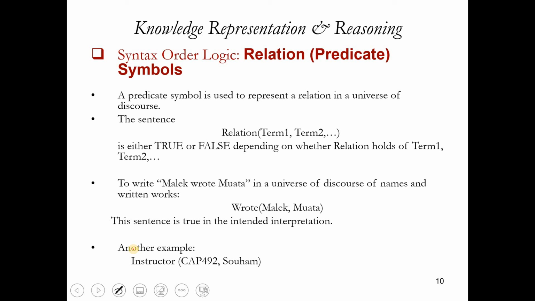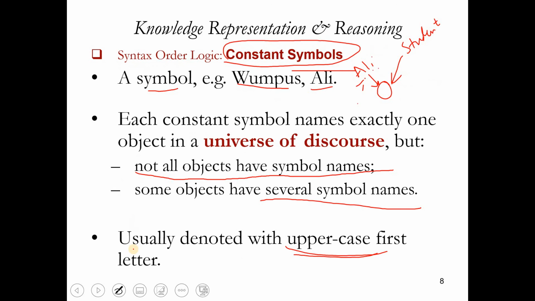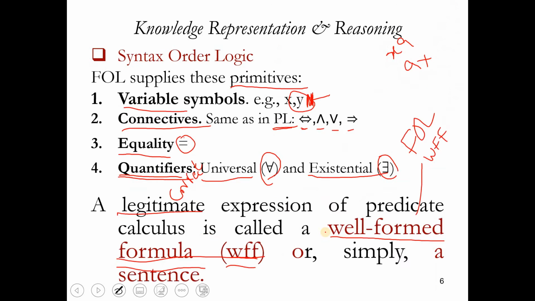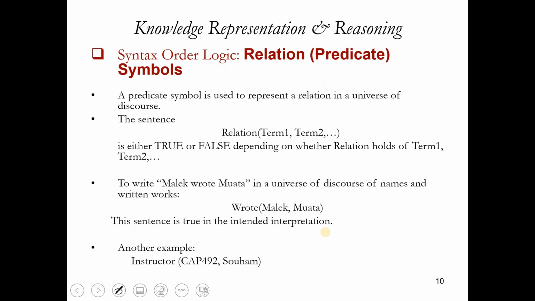Then comes the relation. Relation can be defined over here, this one, the relation symbol, it's like a function where you give some input object and it will map it to a value.